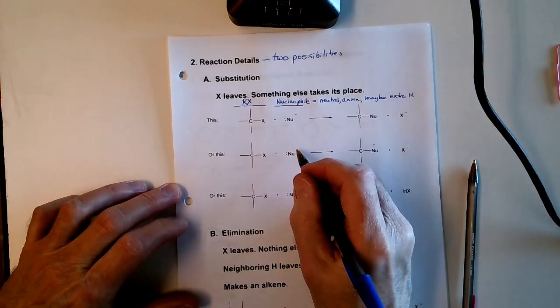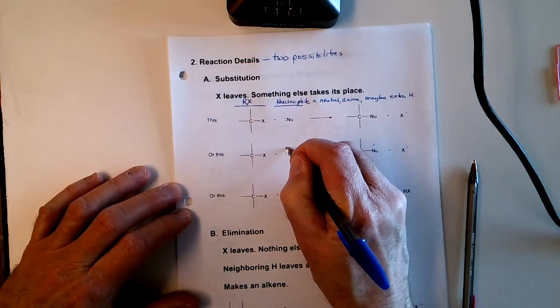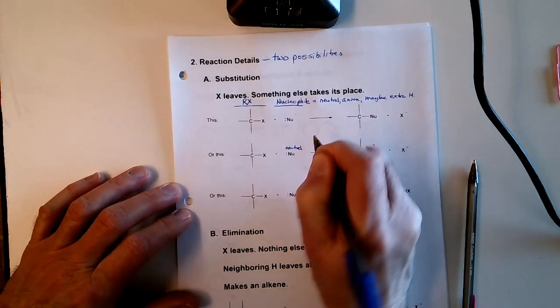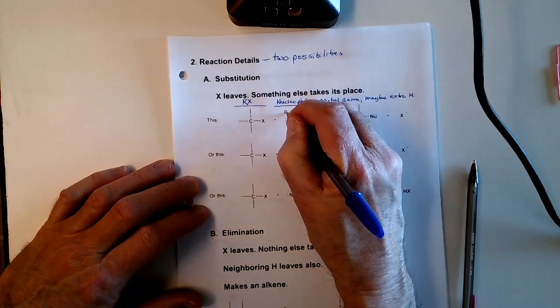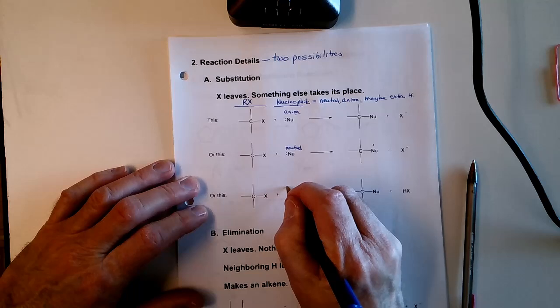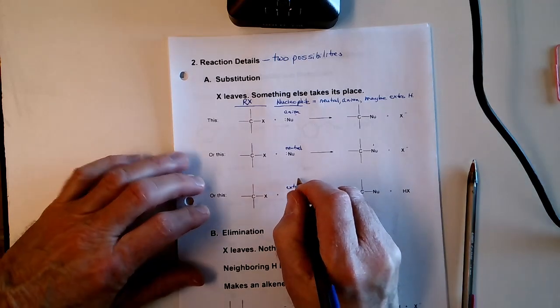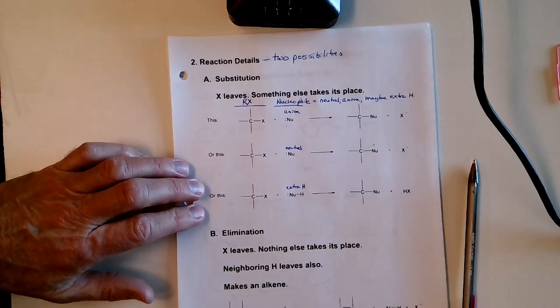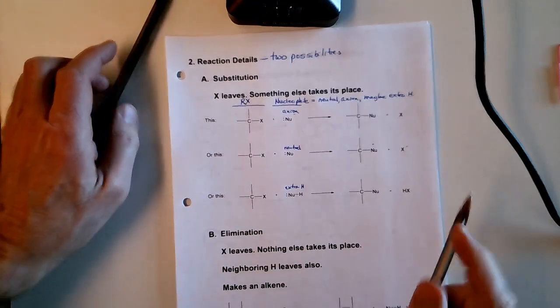Okay, I'm going to try to keep these really small. That one's neutral. Keep these small enough they can be optional for you. This one's an anion. This one has an extra hydrogen that it needs to ditch by the time it gets down to the end.